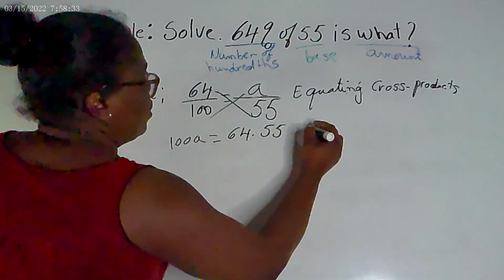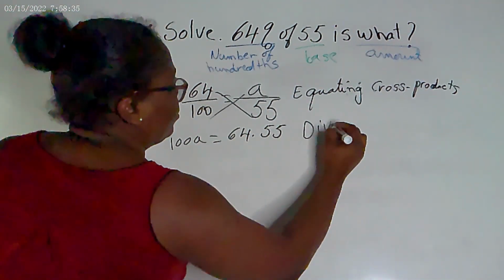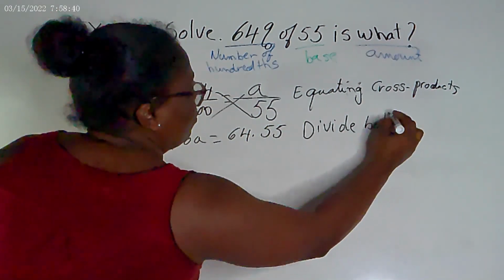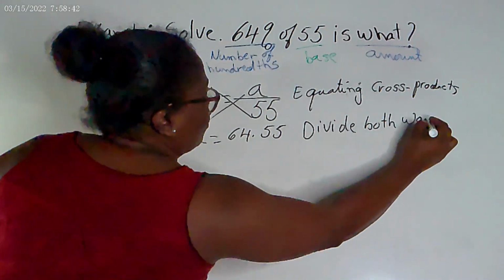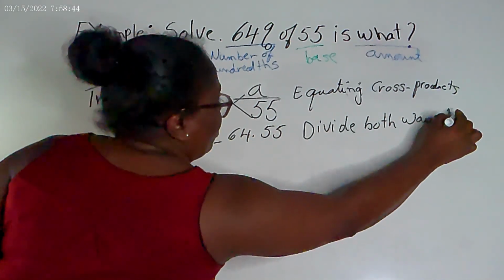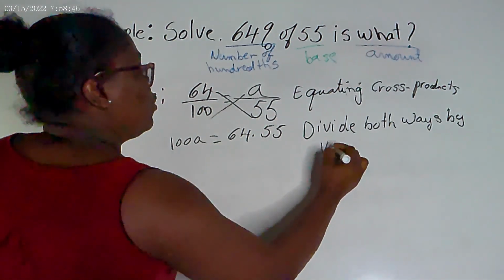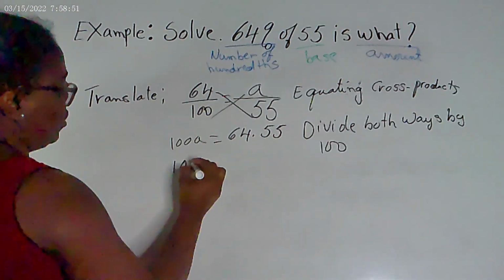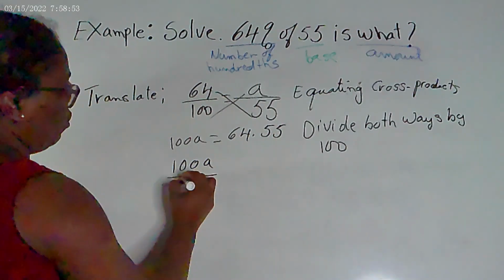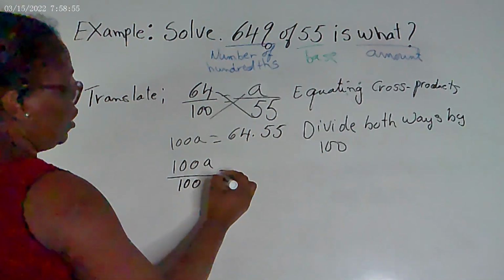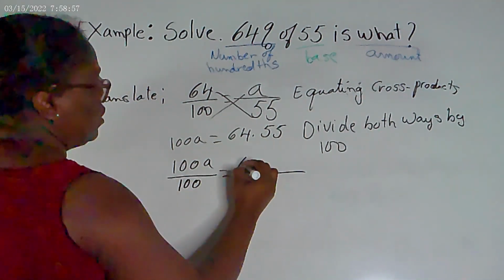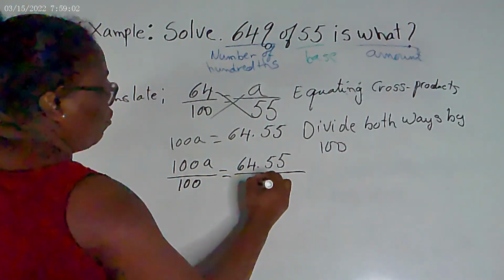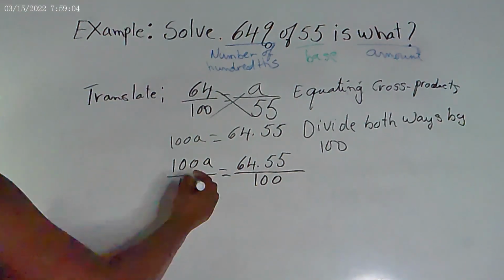So dividing both sides by 100. So we're going to have 100a over 100 equal to 64 times 55 over 100.